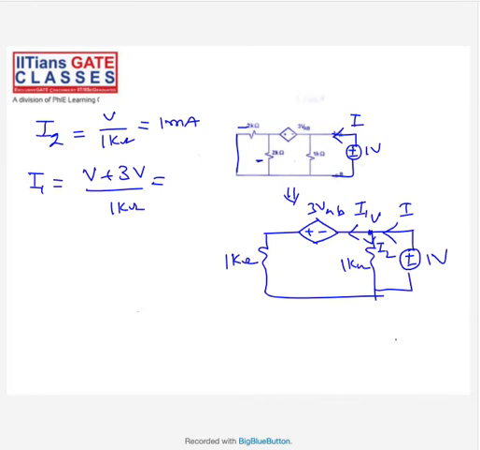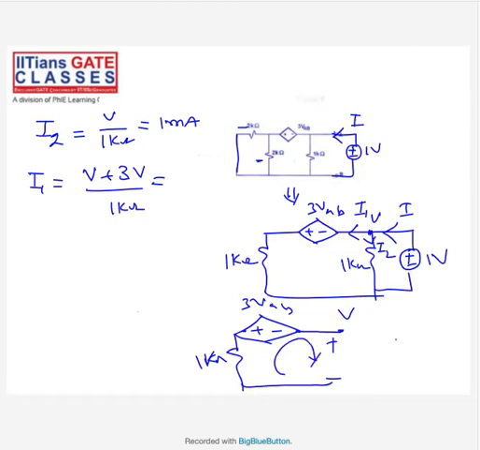So this current, this is plus minus 3 VAB, and this is 1 kilo ohm. Okay, this is V. So if I write the equation here, what will be I into 1 kilo ohm plus 3 VAB plus V equal to 0.